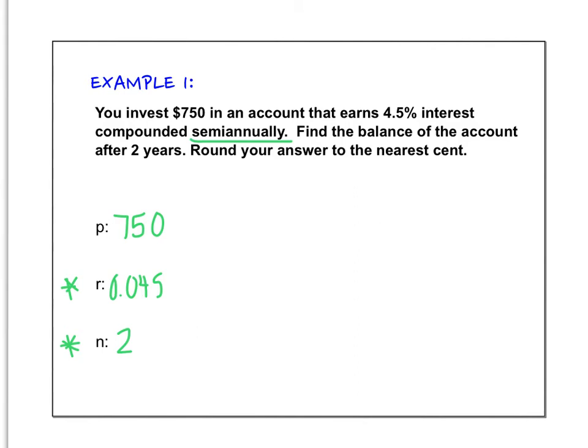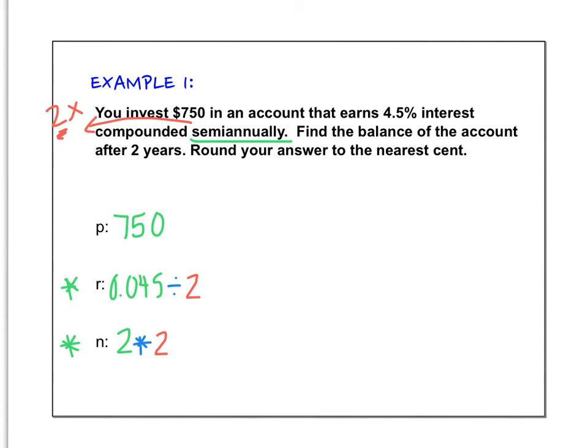So remember my rate, I divide, and the N, I multiply. So semi-annually means twice a year. So for the rate, I'm going to divide by 2, and for the N, I'm going to multiply by 2. Again, that 2 comes from the fact that it's semi-annually, which means twice a year.